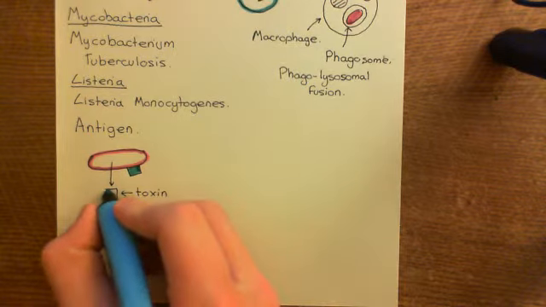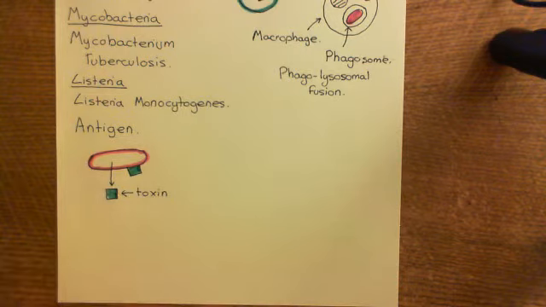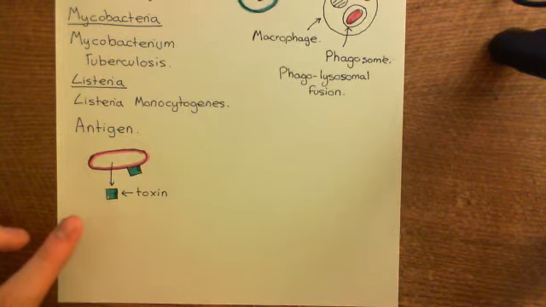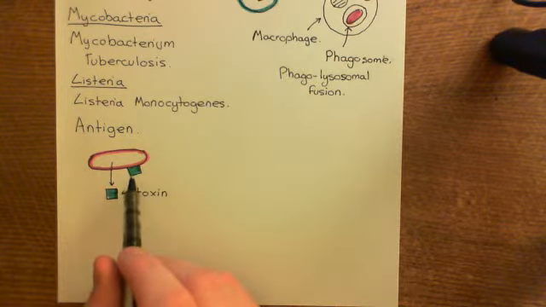So basically, the humoral immune response is going to be all about these antigens, these proteins that are either on the surface of the cell or being secreted from the cell. If they're being secreted, then potentially they're a toxin, and we want to attack that toxin to stop it from working. If it's on the surface of the cell, we can use that for recognition.